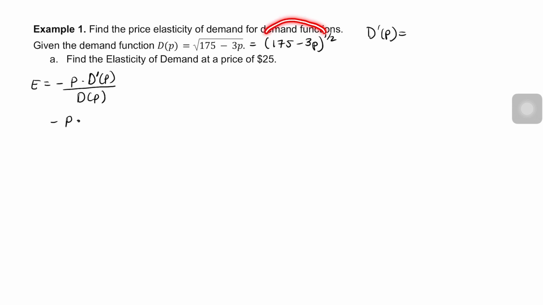Bring down the exponent as a product, so that's 1/2. Leave the inside as it is, so that would be 175 minus 3p. And then take away 1 from the power, so 1/2 minus 1 gives you negative 1/2.